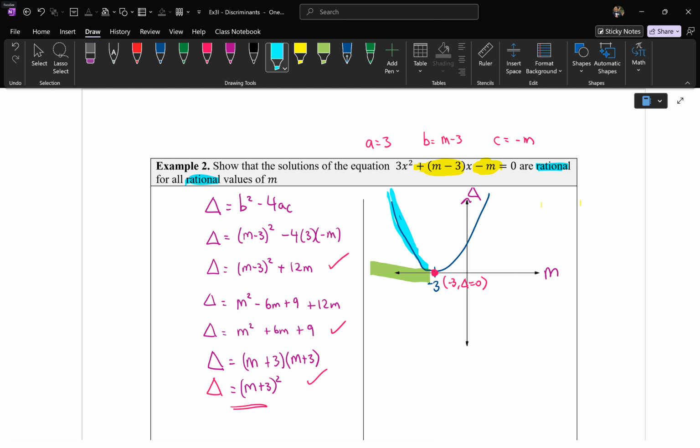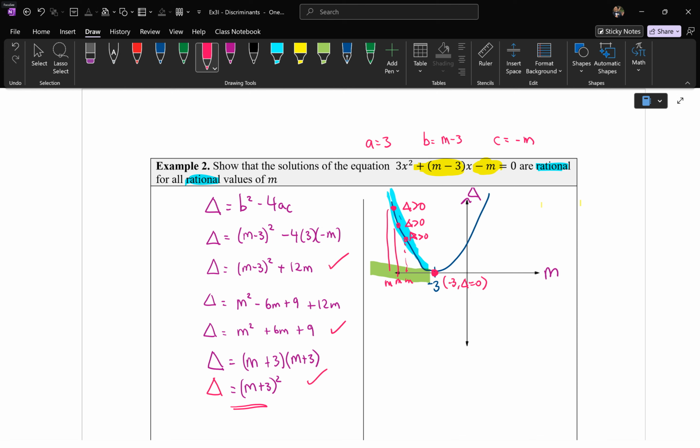Every point here represents a discriminant greater than 0, which means all these m values that you choose in that direction will have 2 solutions. They all will have 2 x-intercepts.